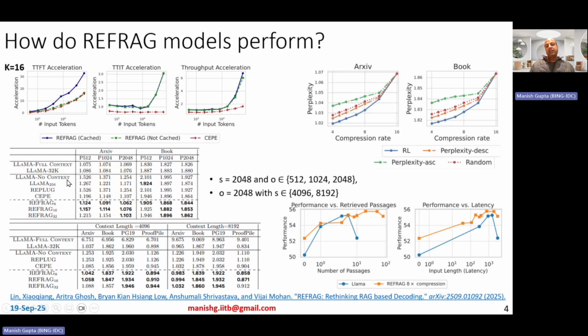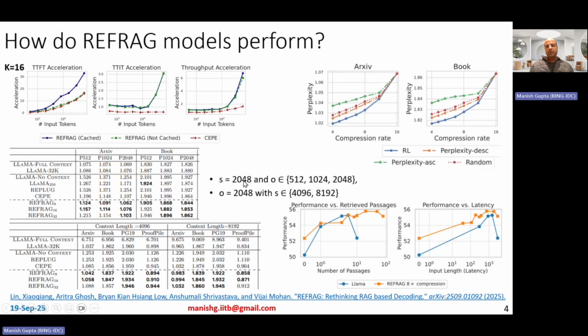LLaMA 256 is basically a specialized version of LLaMA where you chop off all the context of 2048 and just retain the last 256 tokens. Now this was done so that you can compare this LLaMA which takes 256 tokens with another model, for example, with let's say REFRAG 8, because REFRAG 8 also has 256 tokens. REFRAG 8 basically means that you're setting k equal to 8, which means you're replacing 8 tokens by one chunk, one embedding.